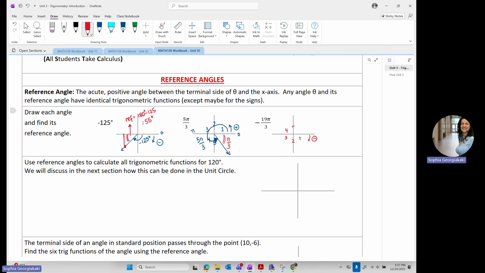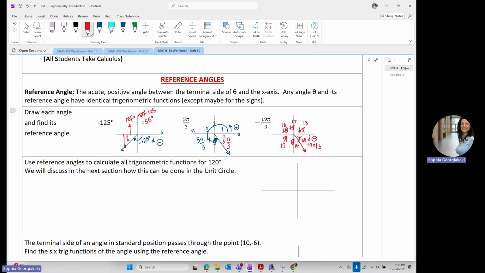Negative 4, 5, 6, negative 7, 8, 9, negative 10, 11, 12, 13, 14, 15, 16, 17, 18, and negative 19 will be here. So that will be the negative 19 pi over 3.